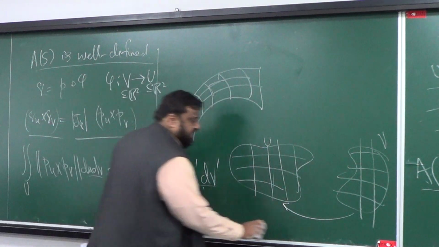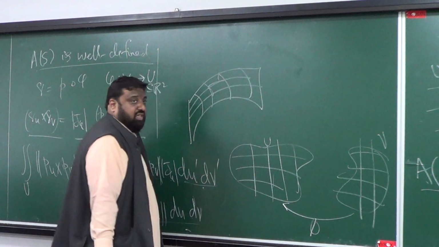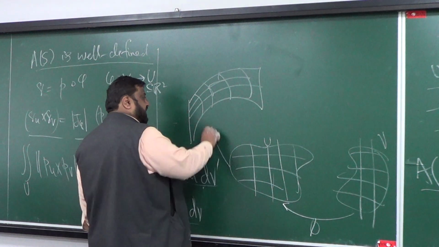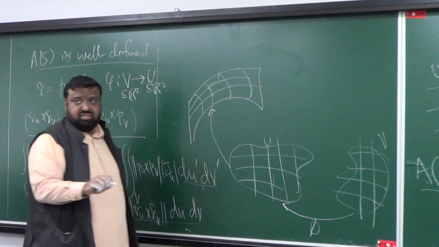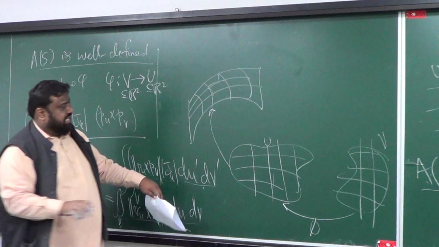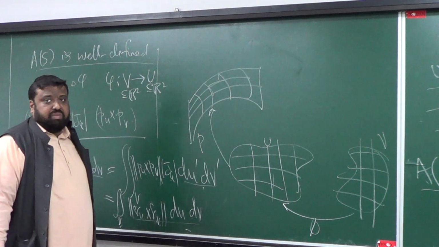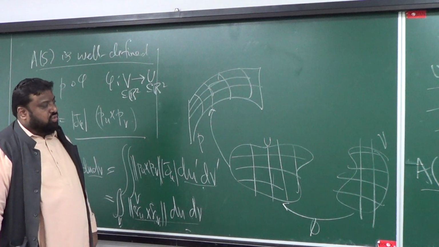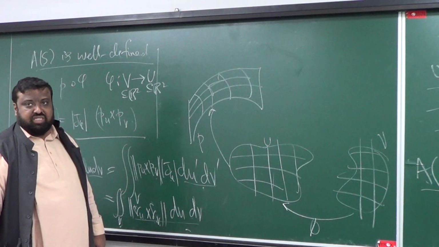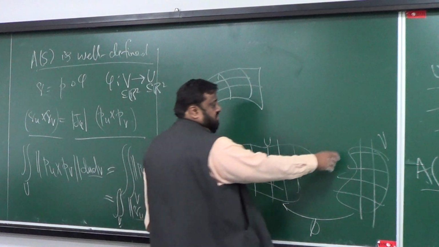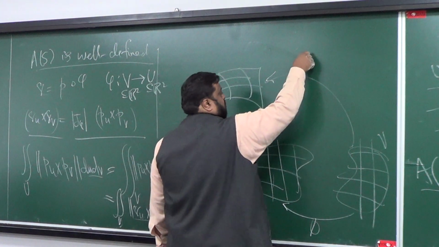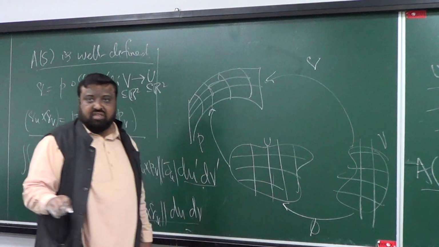So phi is taking me from U to V, and P is taking me to the surface actually. So P is a direct map from, for example, U to the surface. But I can reach the same surface another way as well, through this Q. Are you getting the point?